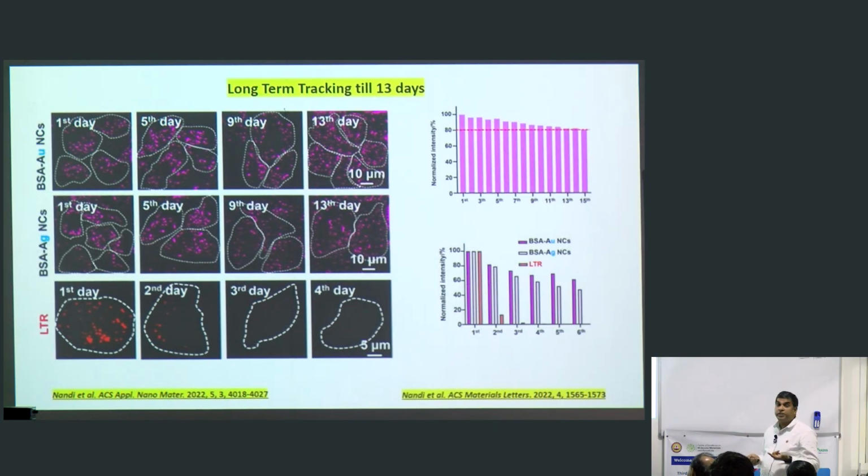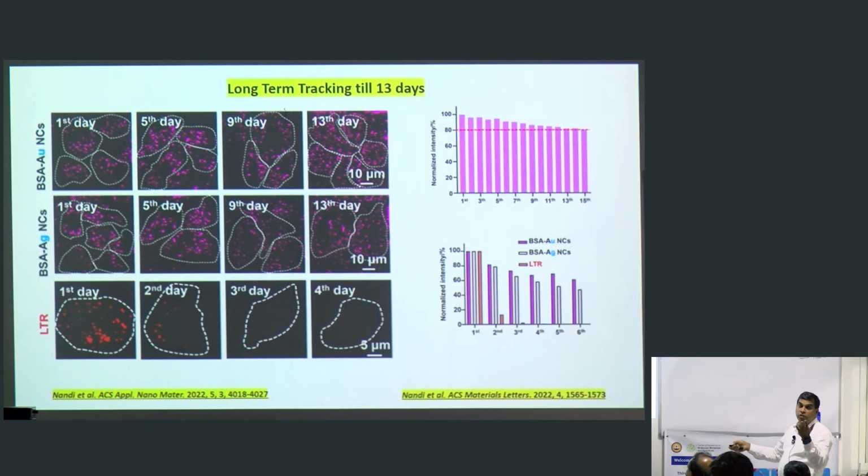Then we also checked long-term tracking. You can see both of these clusters at day 1, day 5, day 9, and day 13 are quite stable. Although we are not shining light throughout the 13 days, and there is a sequential gap, you can still capture images until day 13 without any disturbance. While with LysoTracker Red, within 3 days it has just vanished.